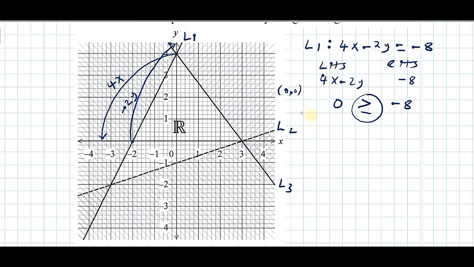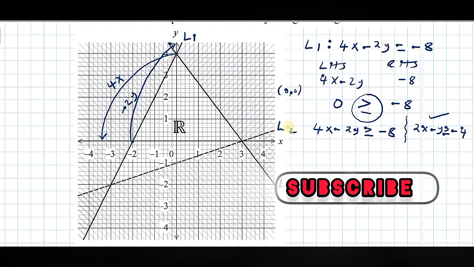So for line 1, we will have 4x minus 2y greater than or equal to -8. If you wish, you can simplify it further by dividing all through by 2, and that will give us 2x minus y greater than or equal to -4. And that is the first inequality.